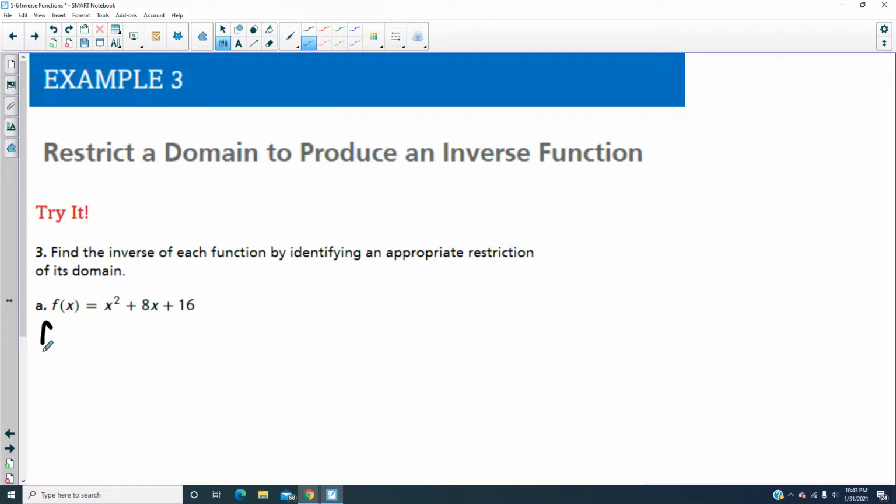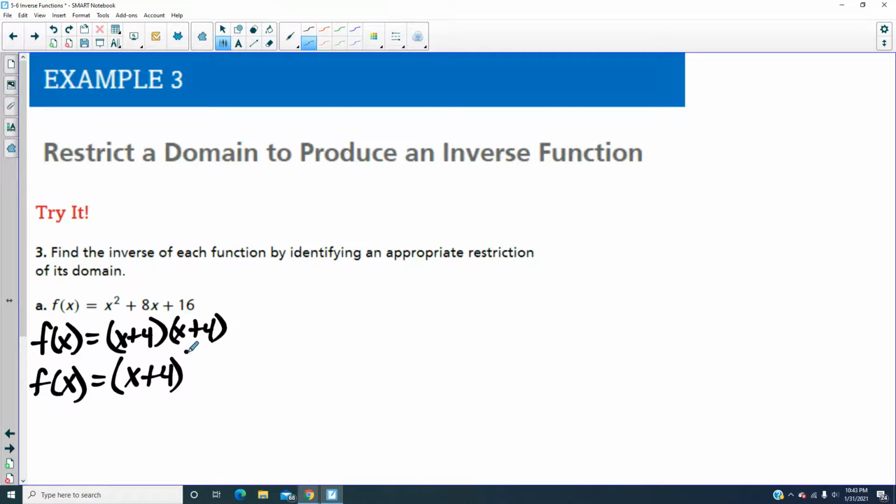If I factor this, it'll factor into x plus 4 times x plus 4. So f of x equals x plus 4 squared.